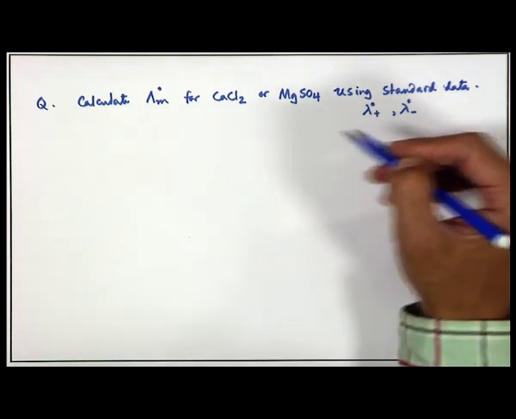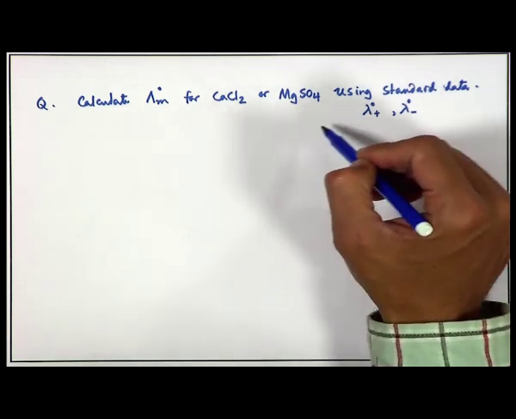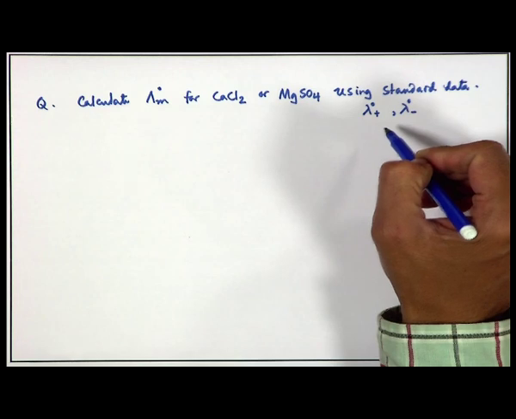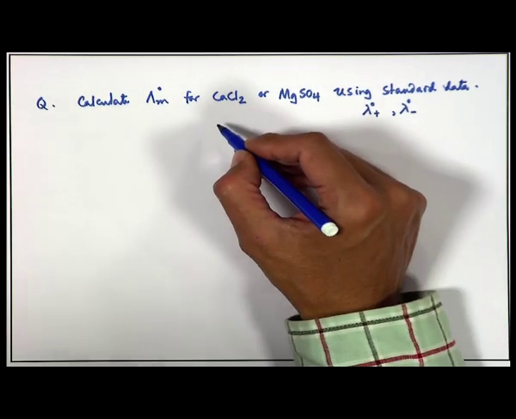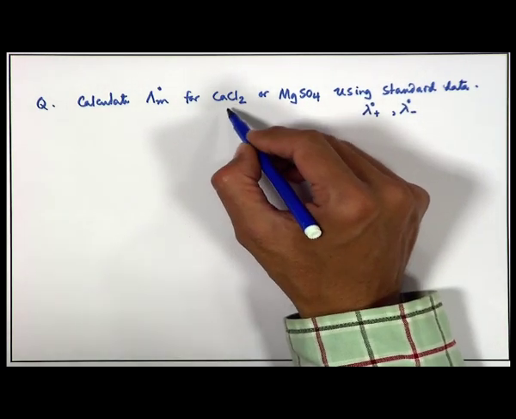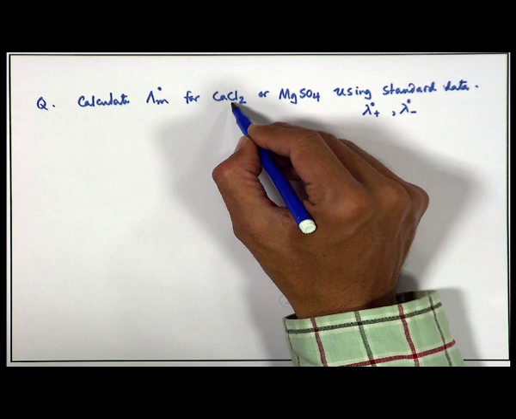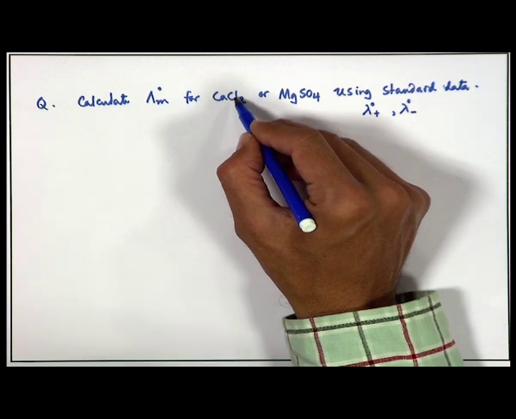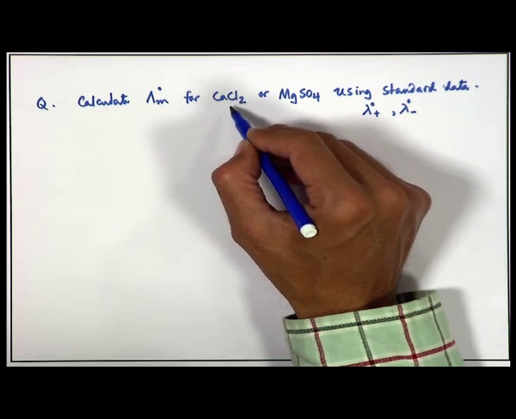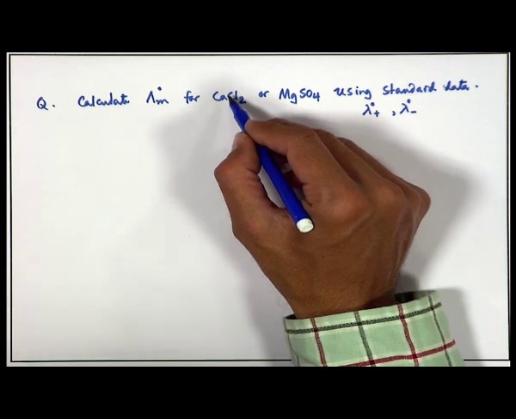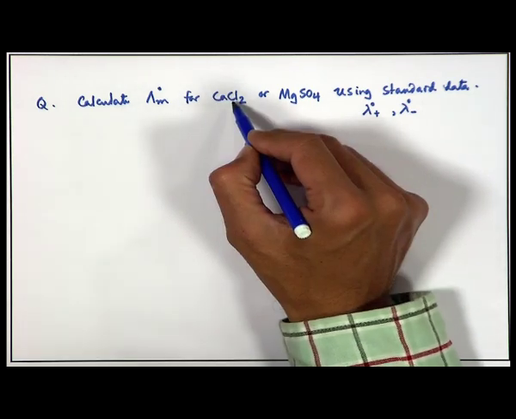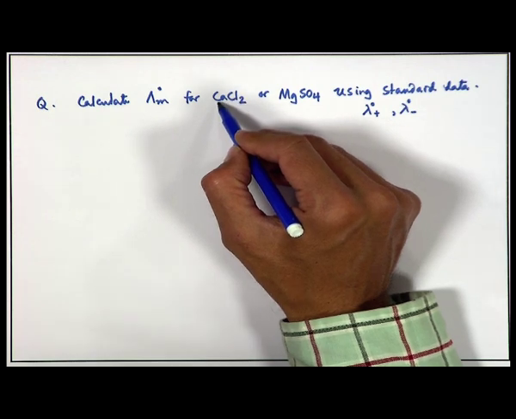You have to make use of those numbers, but in this case you have to consider one thing: the stoichiometric coefficient for chloride is 2. This must be taken into consideration while calculating, because here you have 2 chloride ions against 1 calcium.